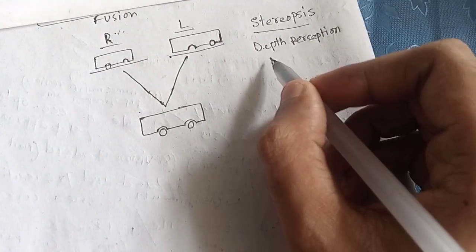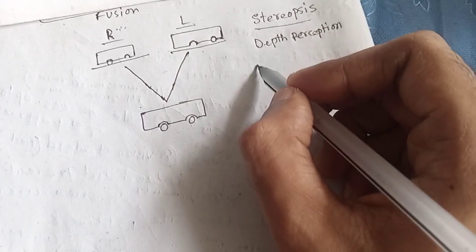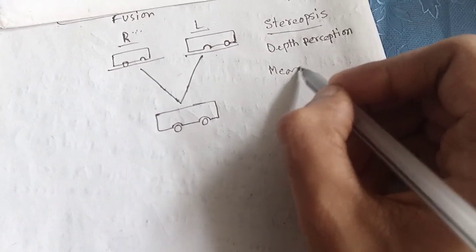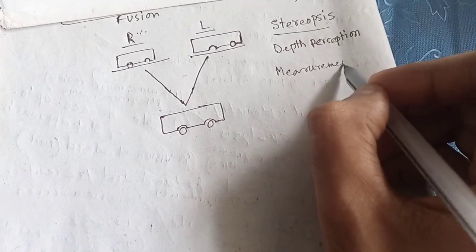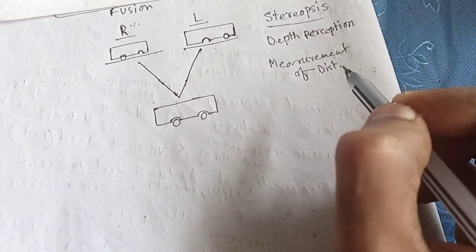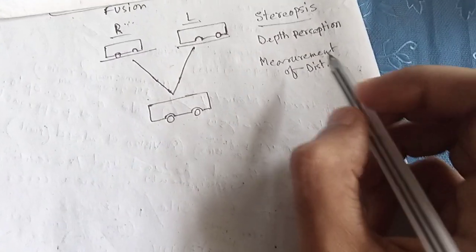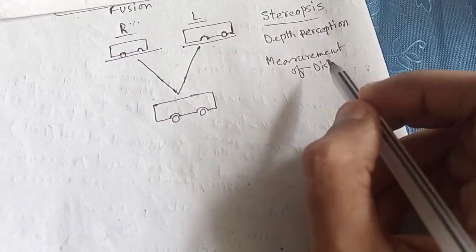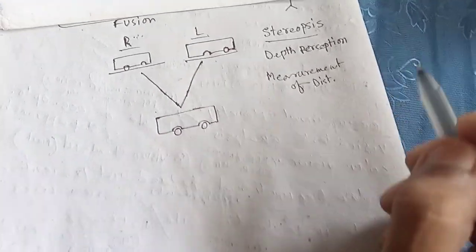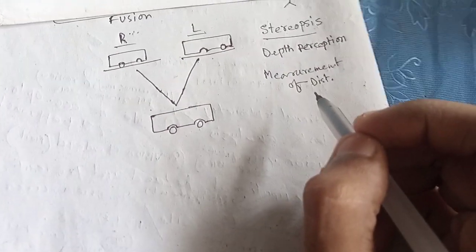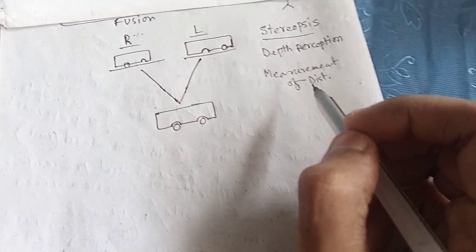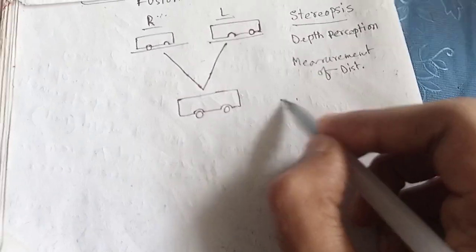Depth perception means the measurement of distance. Here we do not measure the distance by a scale or any other machine. We measure the distance only by our two eyes.